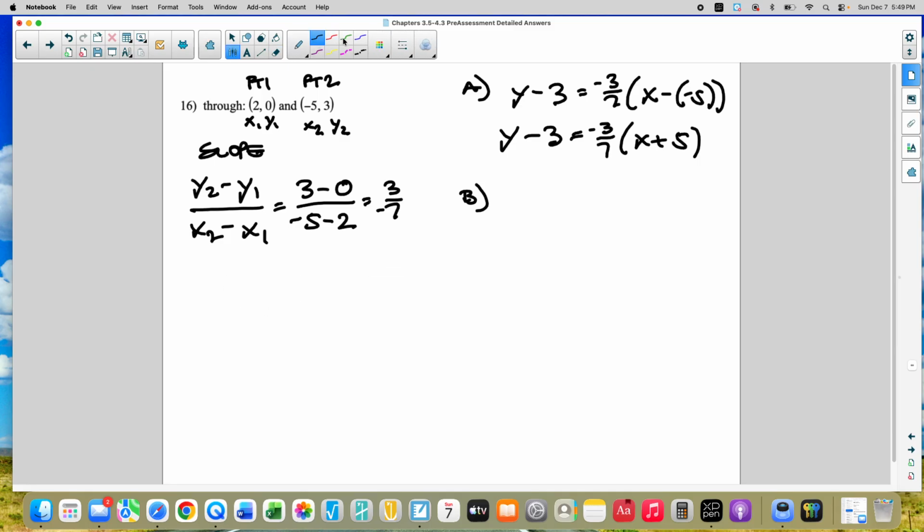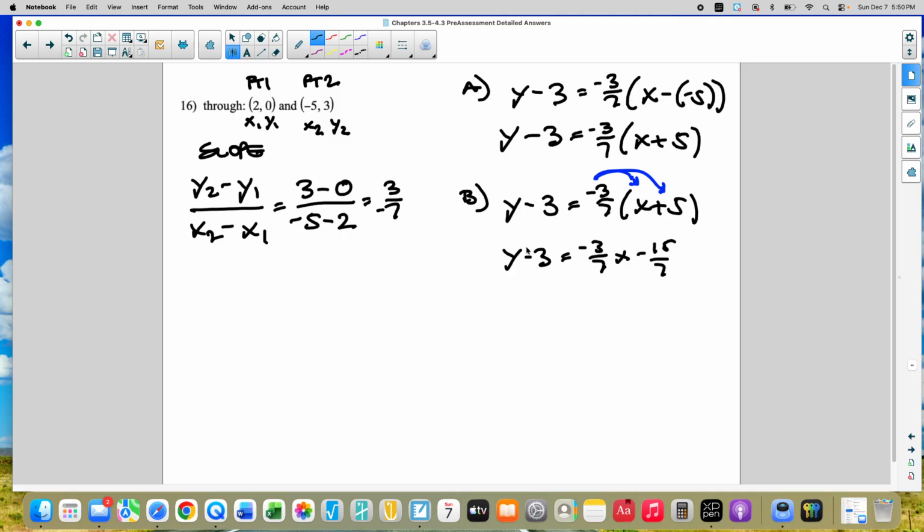Well, let's take this equation, y minus 3 equals negative 3/7 times the quantity x plus 5, and let's distribute. Remember, if we want to convert from point slope to slope intercept, we distribute, giving us y minus 3 equals negative 3/7 x, and that's going to be minus 15/7.